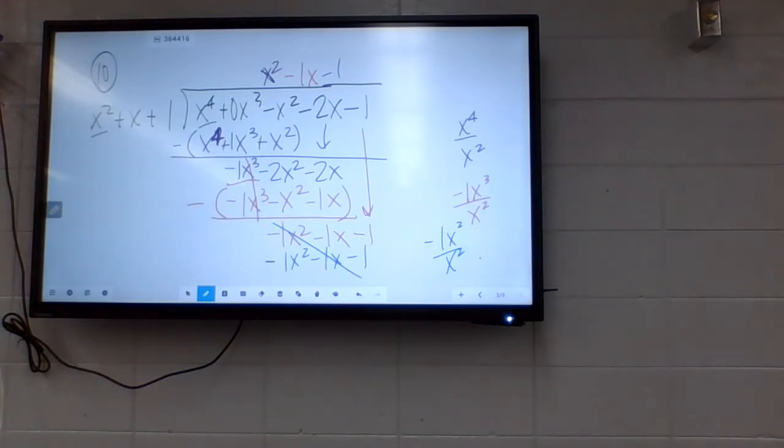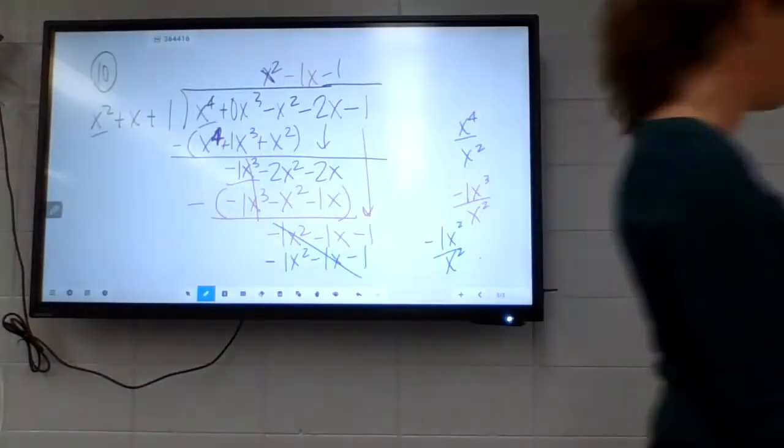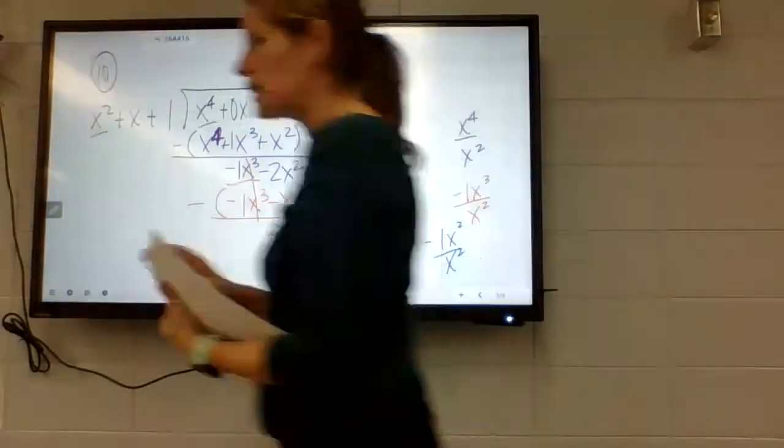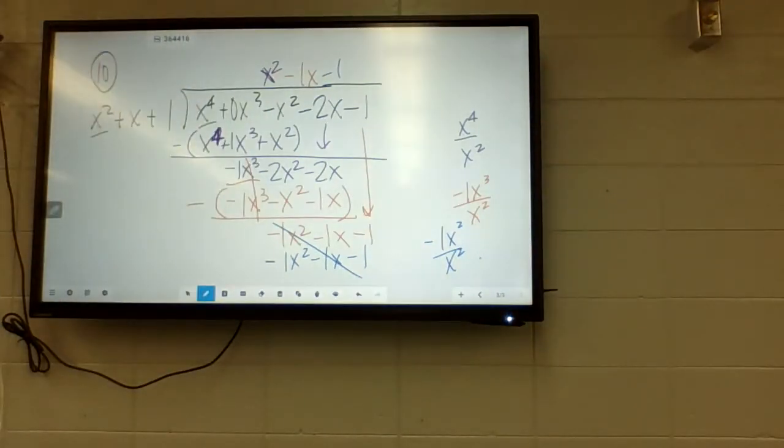So we're going to talk about synthetic division today. Like I said, most people like synthetic division. It's kind of quirky how it works, but it's one of those things where I can't figure out how someone figured this out.